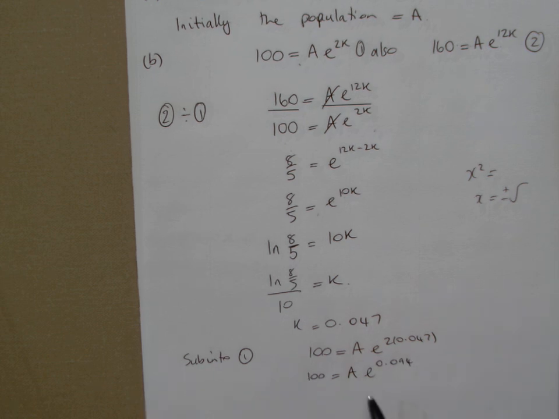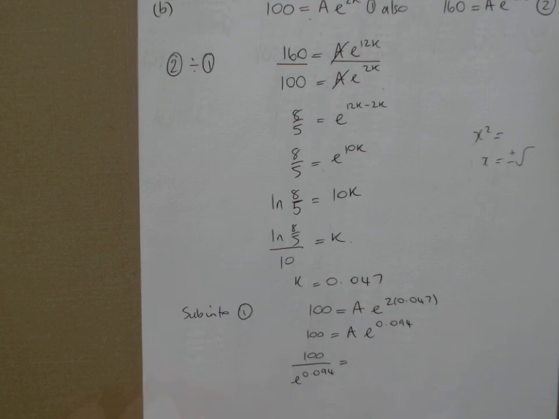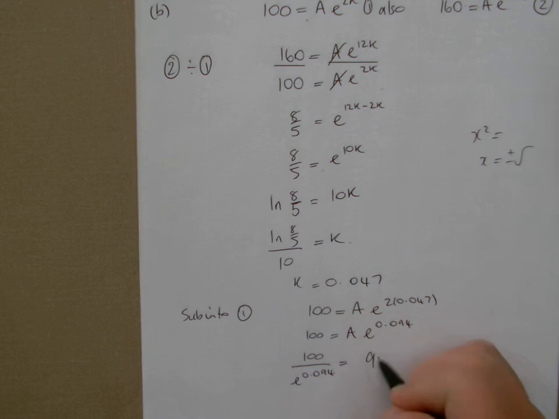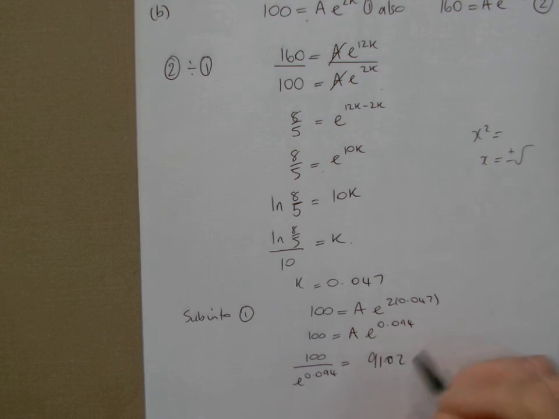All you've got to do then is take the e over the other side, because this is a times this. So to get a, you just divide like that. So I've got 100 divided by e to the power 0.094, and that comes out to be 91.02. We'll put a few decimal places there.